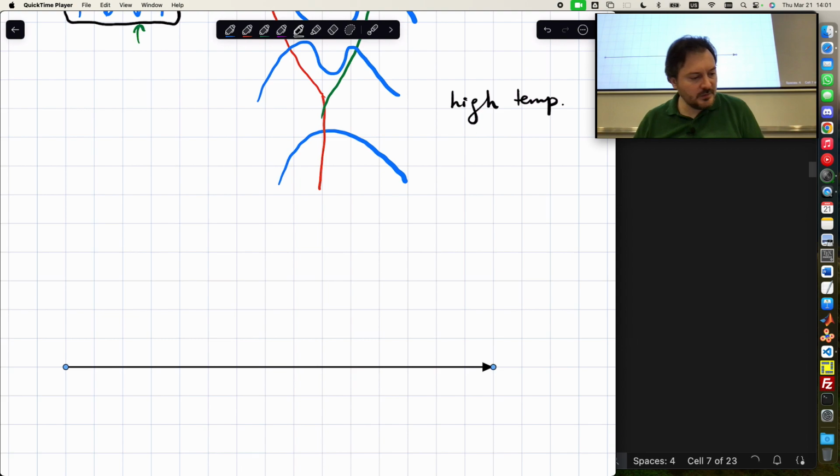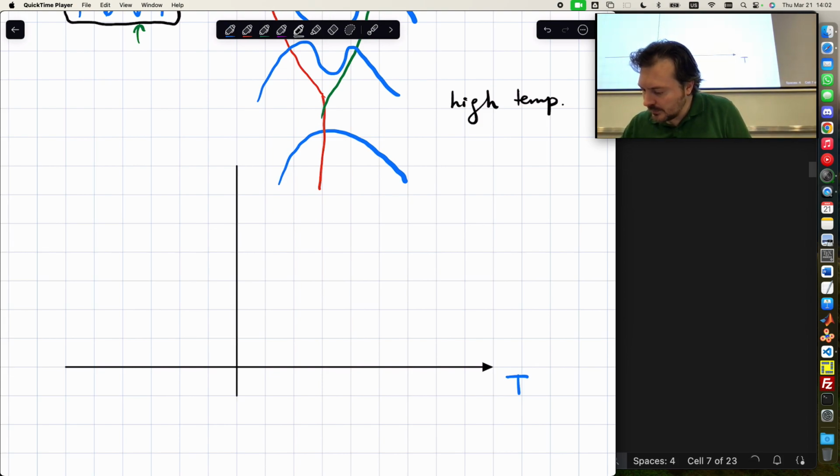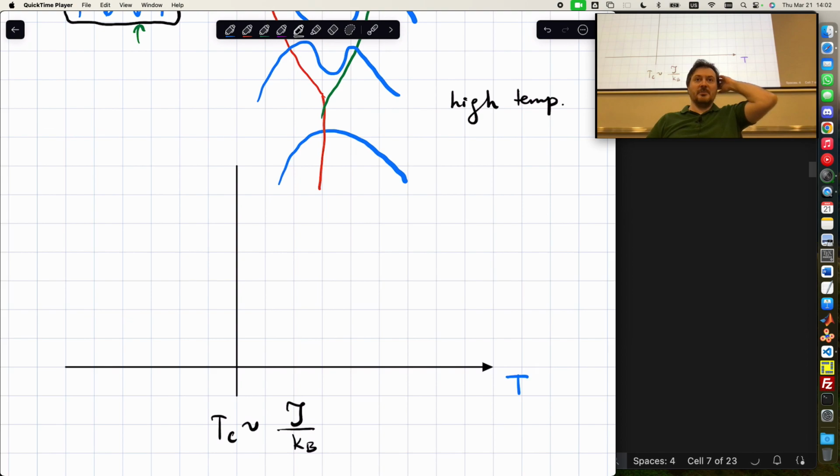So this is the temperature. And there is some point here. Let me call it T critical, which is close to J over kB. Close, I mean, we will find the numbers. They will be like 2, 1.6, 3.5, but not like 10 to the 20. Okay? It's like a number times J over kB.